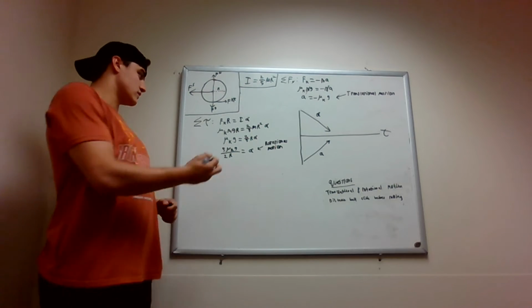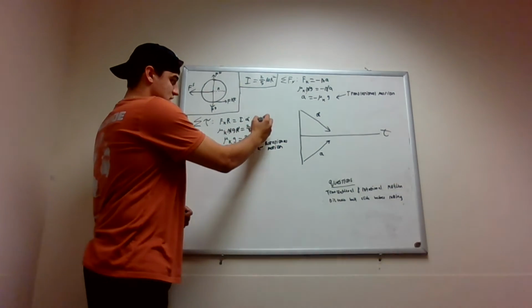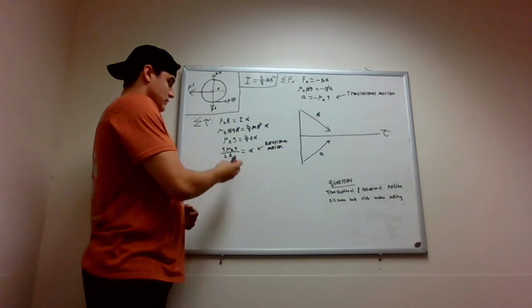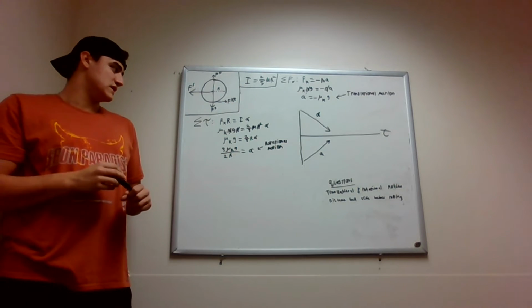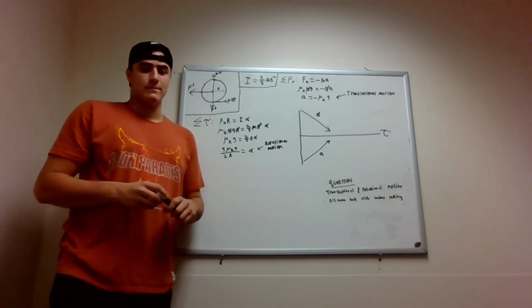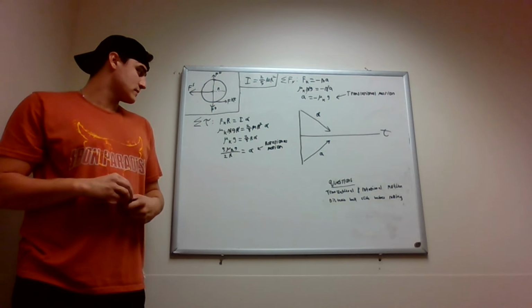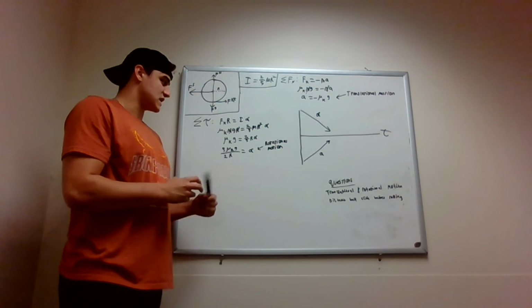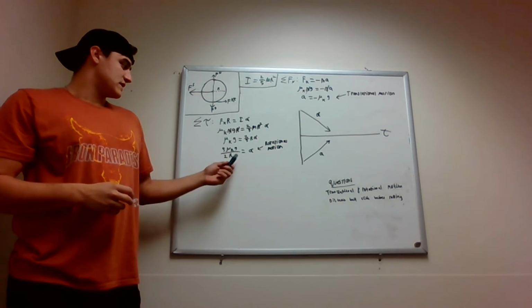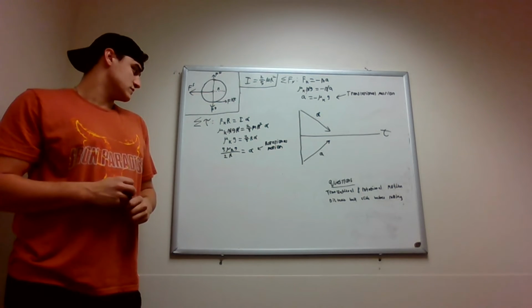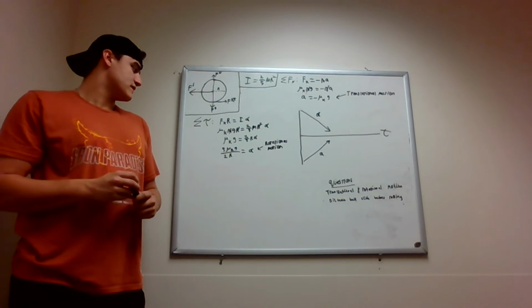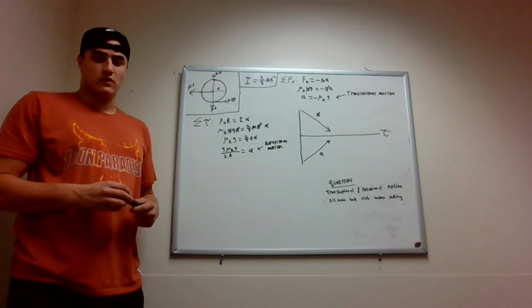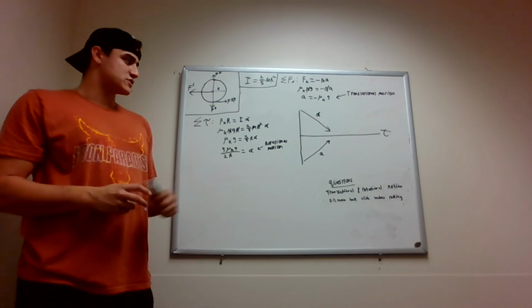We cancel out the mass and the radius on both sides, so we get that mu k g equals 2/5 r times angular acceleration. Dividing both sides by 2/5 r, the angular acceleration is 5 mu k g over 2r. So that's our rotational motion.